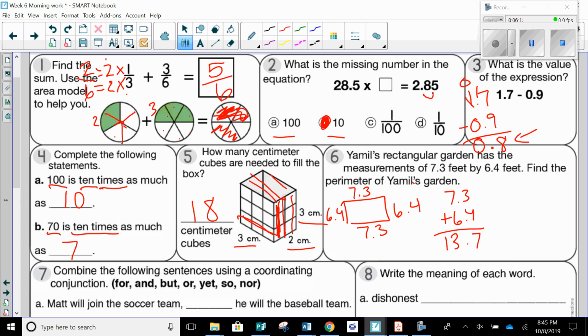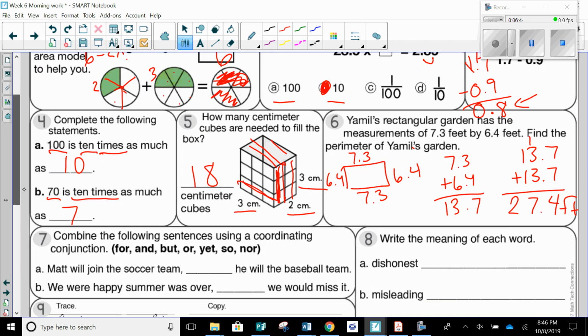Each of those has two sides, so I would take 13.7 plus 13.7. It's going to give me 27 and 4 tenths feet. You could have also done 7.3 times 2 and 6.4 times 2 and then added those two together. Either way.